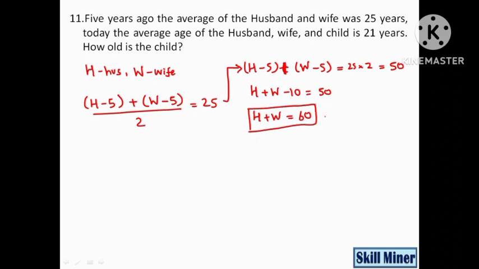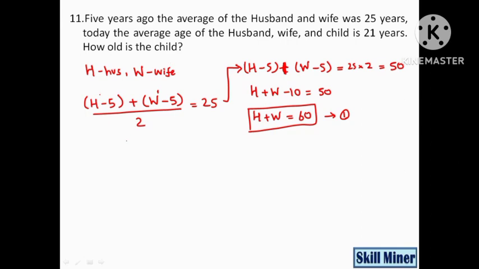This is my first equation. Okay, because 5 years ago, that means h minus 5 and w minus 5, the average of husband and wife will be 25 years. From this I am framing the equation h plus w is equal to 60.